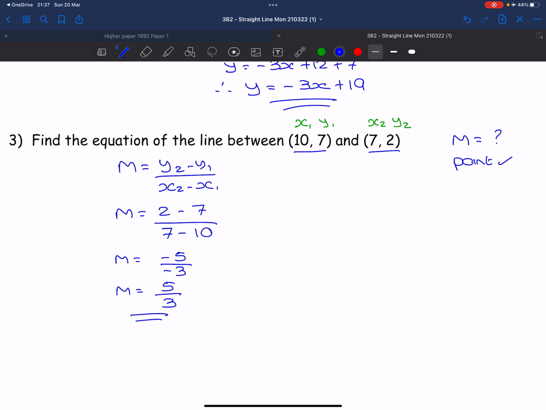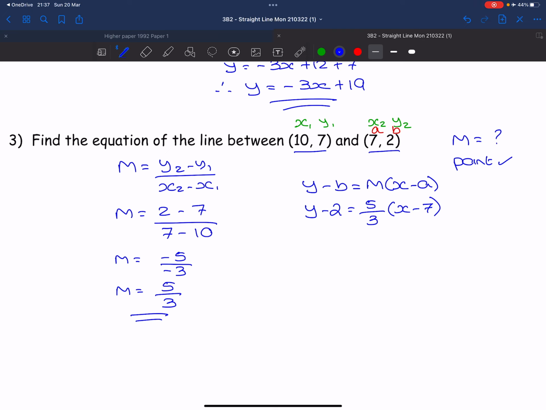I've got a point, so I can use any point, like I said, use the builder equation, y minus b is equal to m bracket x minus a. So let's use (7, 2). So that'll be the value of a, that'll be the value of b. So I get y minus 2 is equal to 5/3 bracket x minus 7.